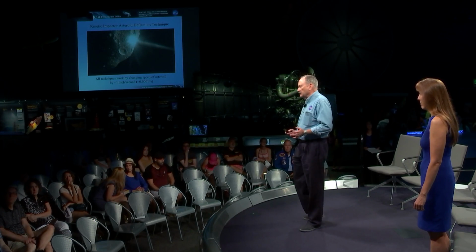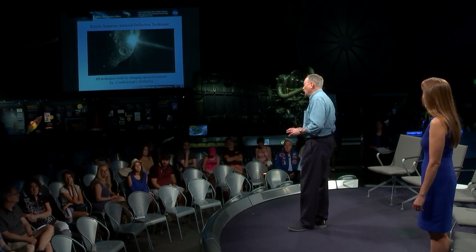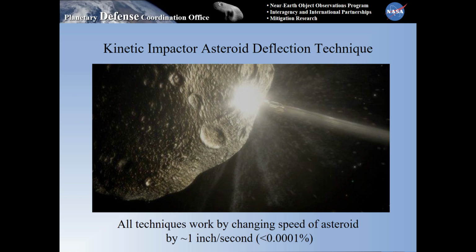Our leading technique that might be used, and you're going to hear a little bit more about it, is called the kinetic impactor. But all of these techniques work by just adjusting the speed of the asteroid by a small amount. It's just like two cars on the beltway that want to be in the same lane at the same time.